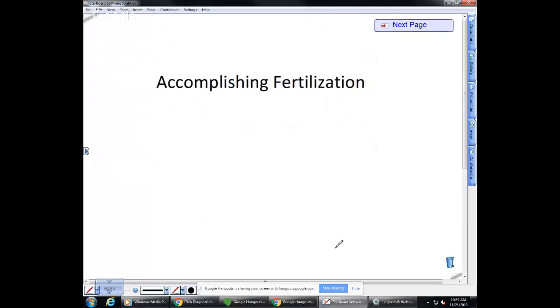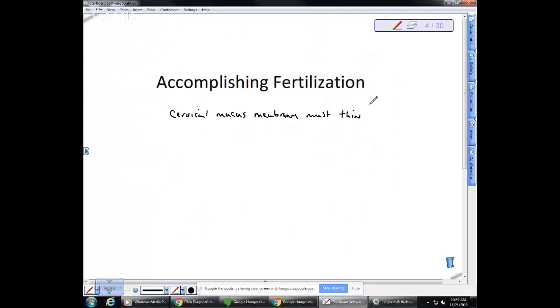So let's talk about what has to happen in order for fertilization to take place. Remember that the sperm is ejaculated into the vagina, and then it has to get through the cervix. And so we have what is a cervical mucous membrane, which must thin, right? And it does this because of estrogen.